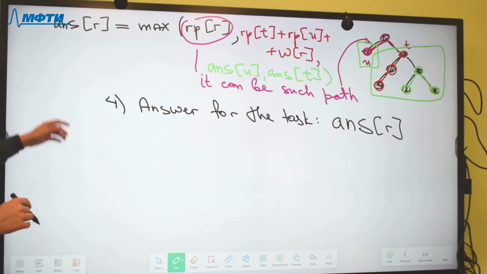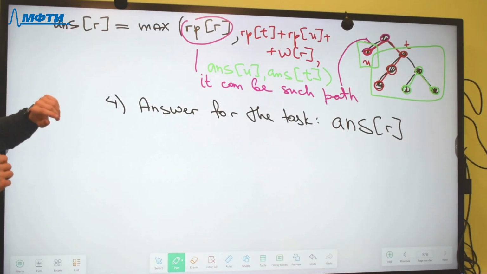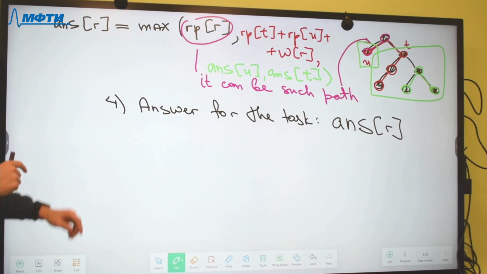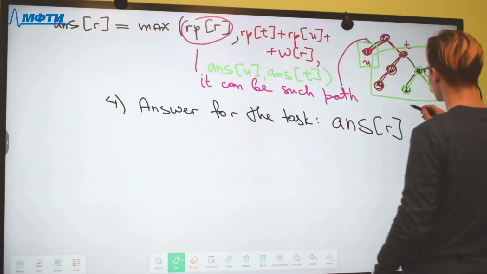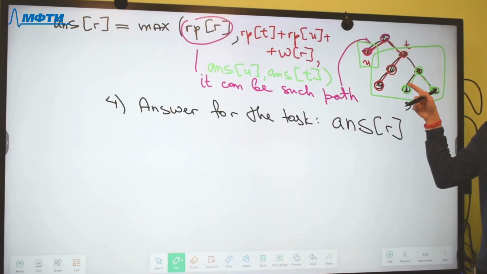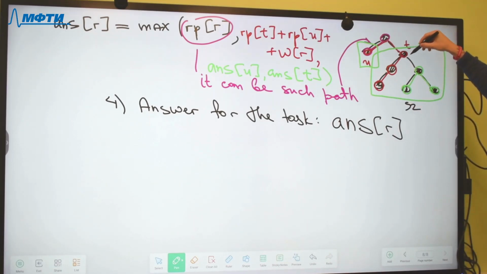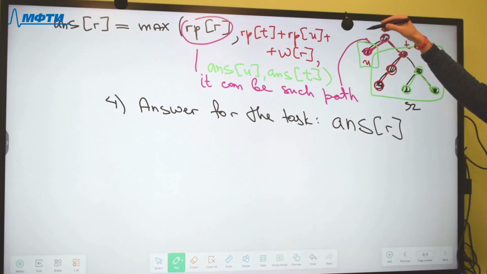But it's a recursive formula for the subtrees. When you go to the subtree, for example S2, you can say that the answer of T is equal to RP of T, etc.